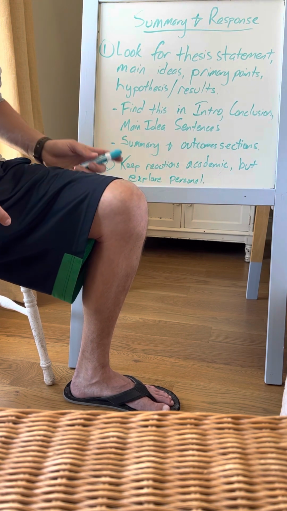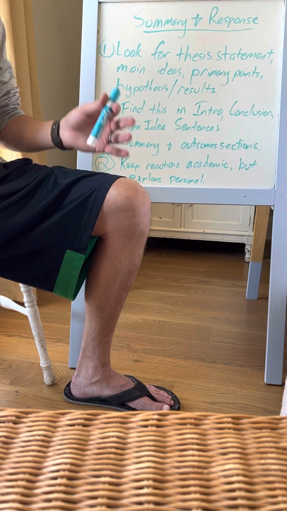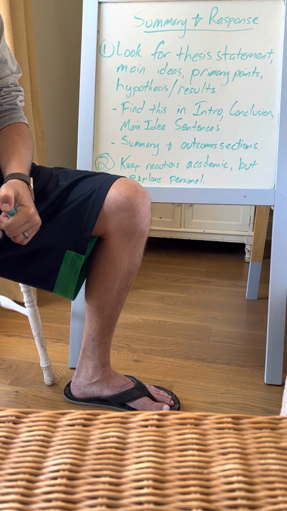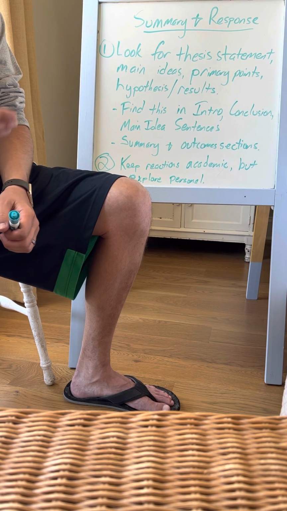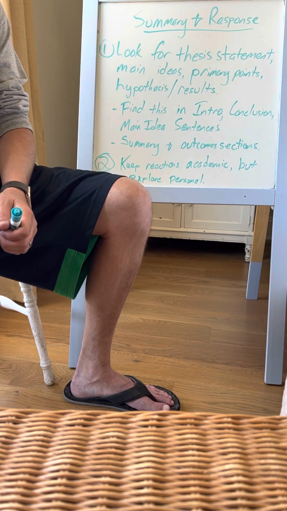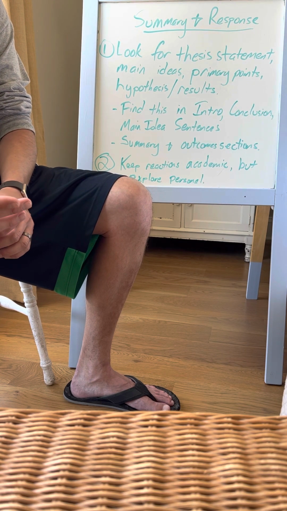But you want to keep your reactions academic, so keep it to the paper. That doesn't mean you can't react to personal things, but do it in that voice, with that tone. So it's not about your personal moral feelings most of the time.